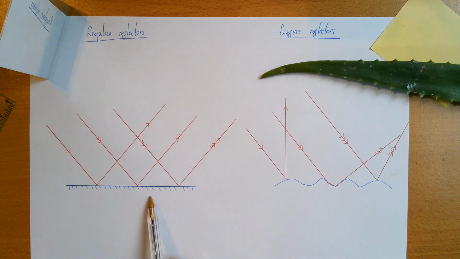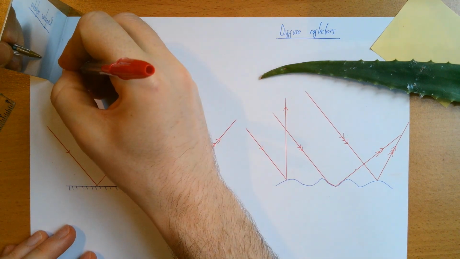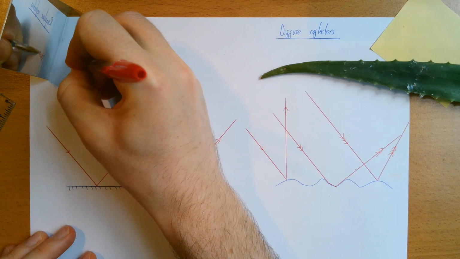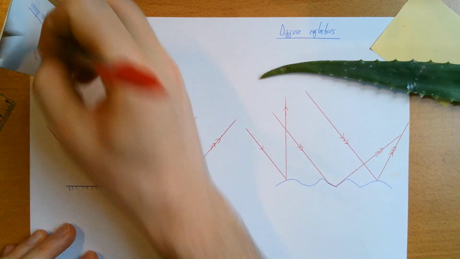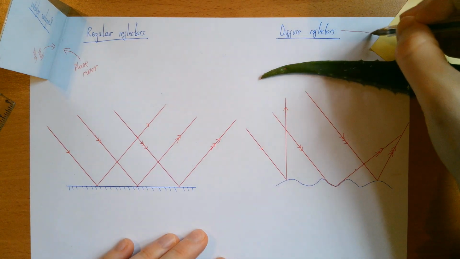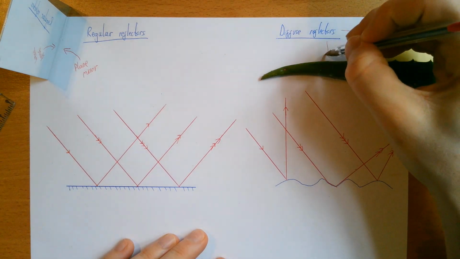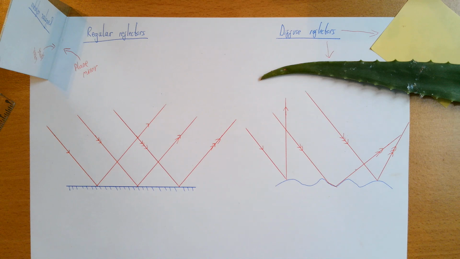Okay, and you can draw your own version of this diagram, and a screenshot of that might be quite nice as well. In fact, what I'm going to do is label this in case you do want to do that. So that is a plane mirror, and these are diffuse reflectors.